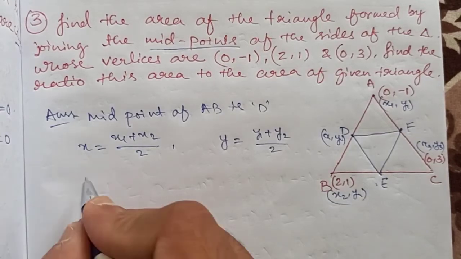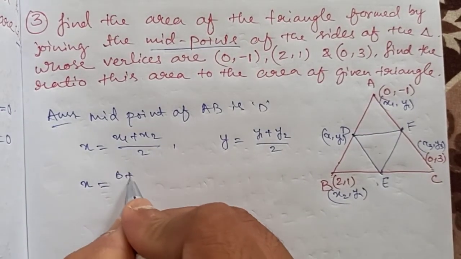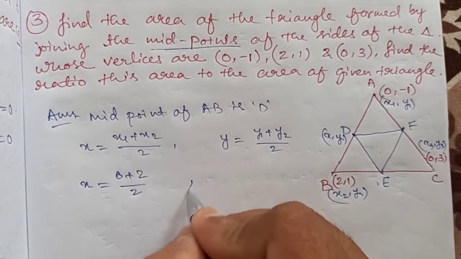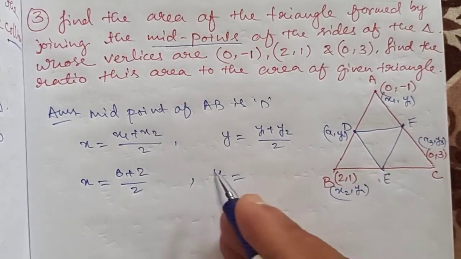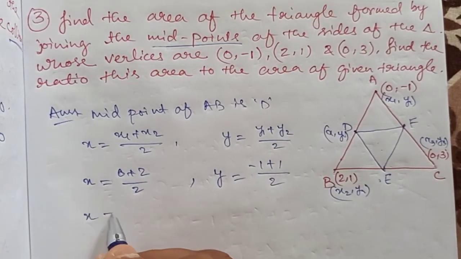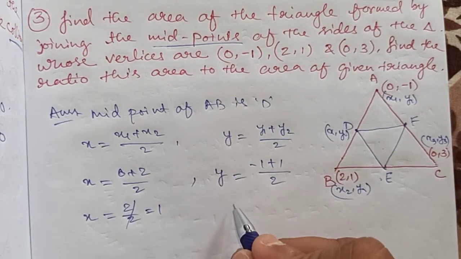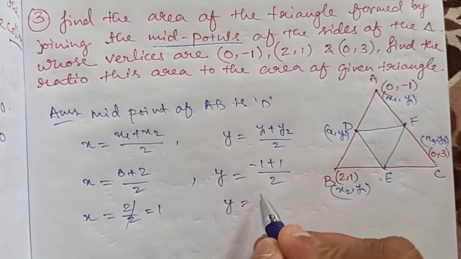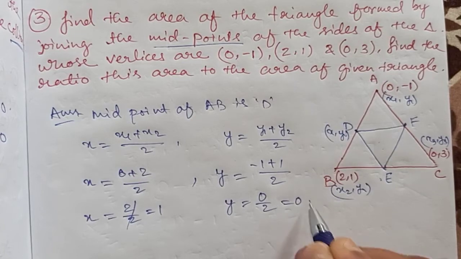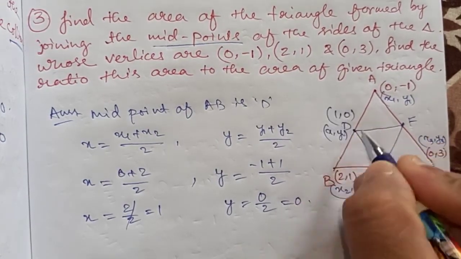So x equals x1 is 0, x2 is 2, 0 plus 2 by 2. y1 is minus 1, plus 1 by 2. So x equals 0 plus 2 is 2, 2 by 2 is 1. And y is minus 1 plus 1 is 0, 0 by 2 is 0. So the coordinates of D are 1 comma 0.